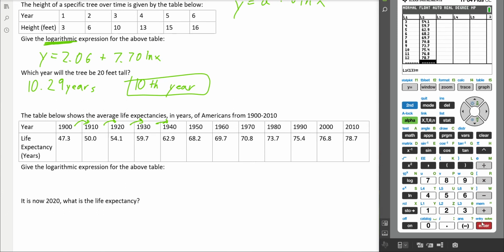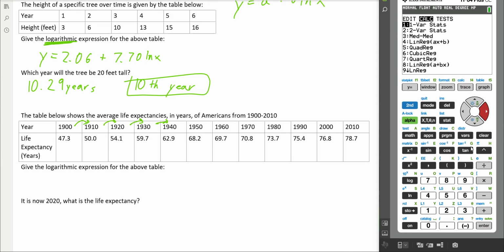All right, if you haven't yet paused it, please do and see if you can get the rest of the way to the answer. Okay, I'm going to continue on and try to solve it. So I go to Calc, I go down to number 9, which is logarithmic regression. Down here I go to variables, y variables, function, function 1, calculate.